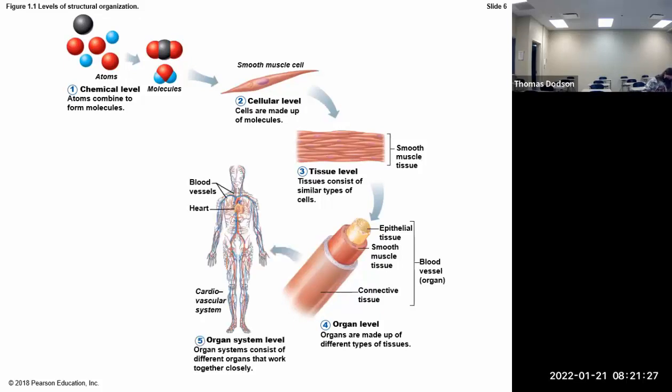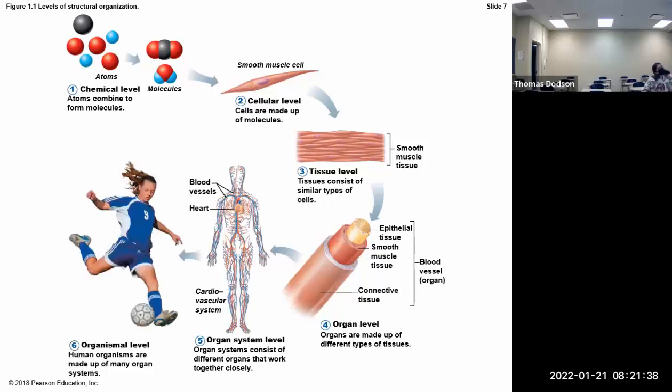And when you get organs doing different parts of different jobs, you get the organ system, and then you get the organism as all of those different organ systems work together. So I think that's pretty self-explanatory.